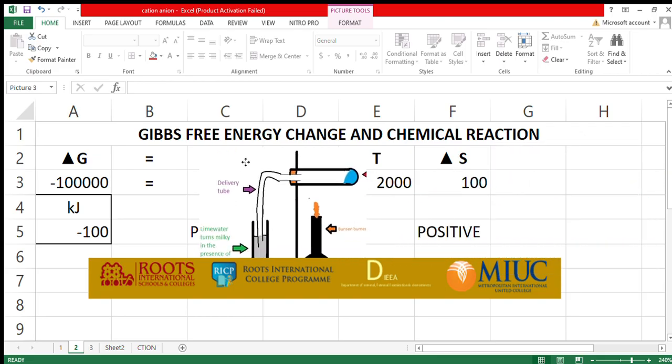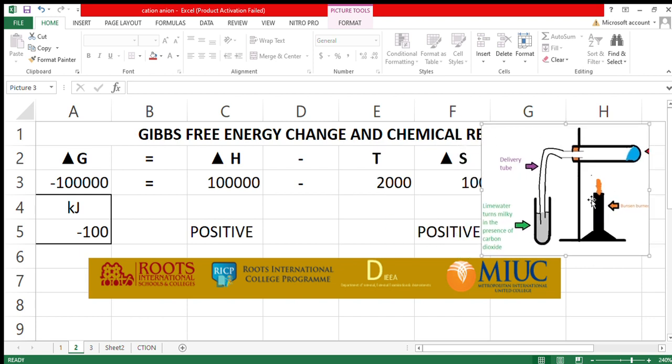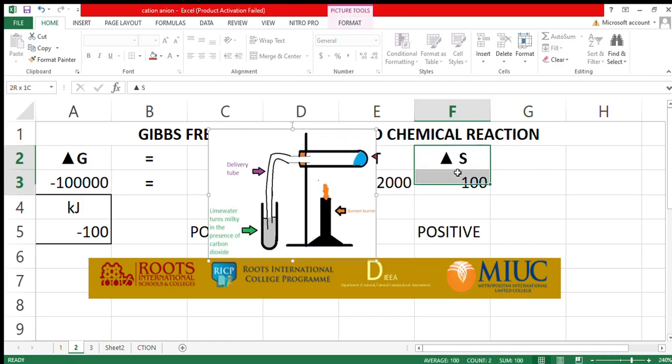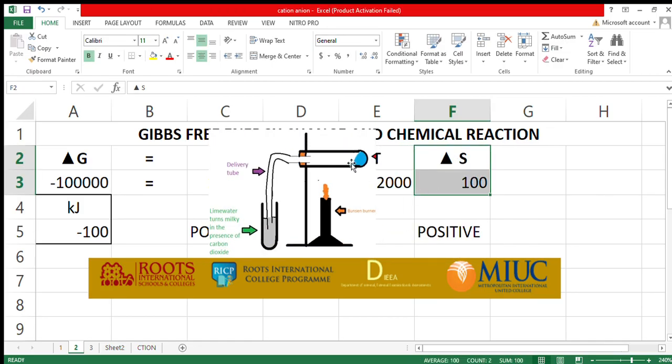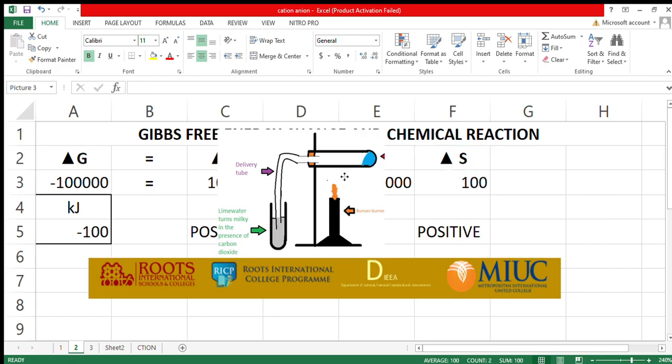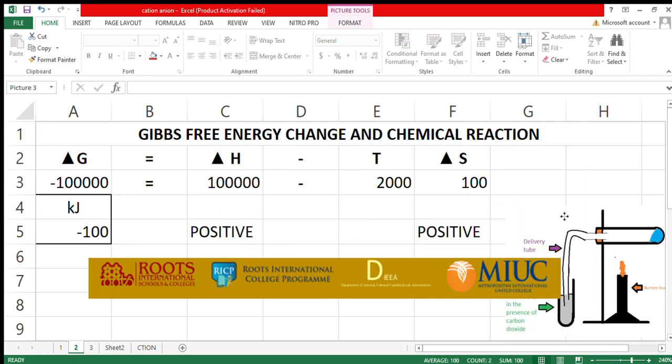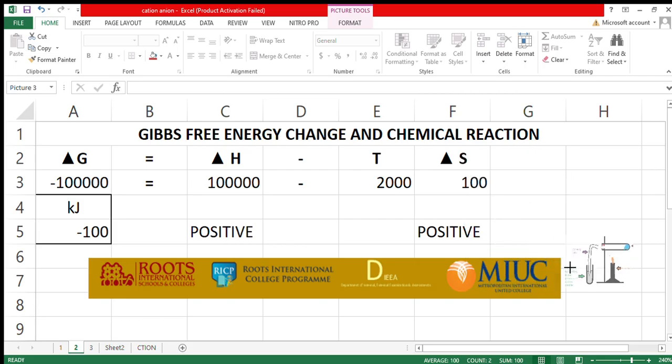In this scenario, as the Bunsen burner is giving heat to calcium carbonate, the enthalpy change is positive and there is an increase in entropy as the solid powder is changing into gas. So these types of thermal decomposition mostly require higher temperature, then they become feasible.